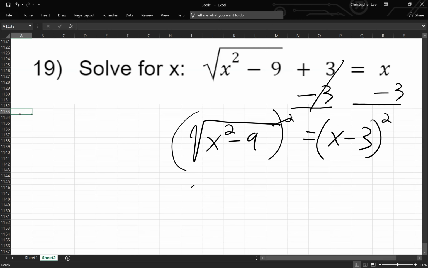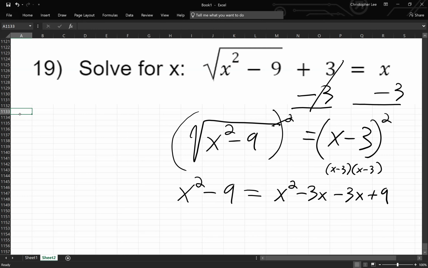So now I have x squared minus 9 is equal to x minus 3 times x minus 3, right? And then we're gonna FOIL that, so we have x squared minus 3x minus 3x plus 9. Combine like terms: x squared minus 9 is equal to x squared minus 6x plus 9.